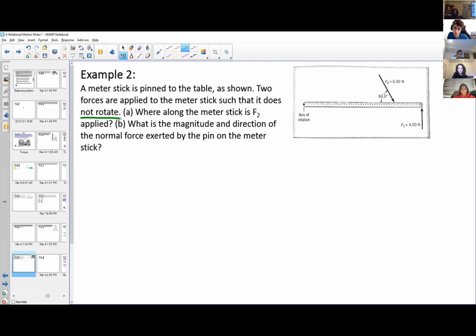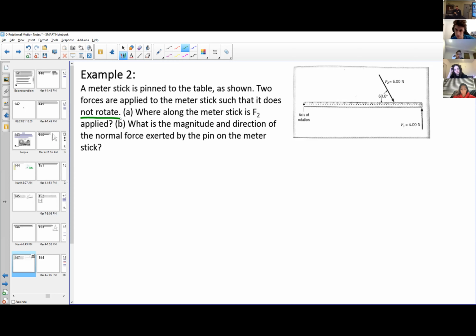Good. So that's an excellent solution. I'm going to actually follow your lead and show it solved that way. But I want to make a comment on why torque is the best approach for this one. There's 2 forces that we know about, right? But for those of you that tried it, when you put the pin in there and tried to hold the ruler, there were also forces on that pin.